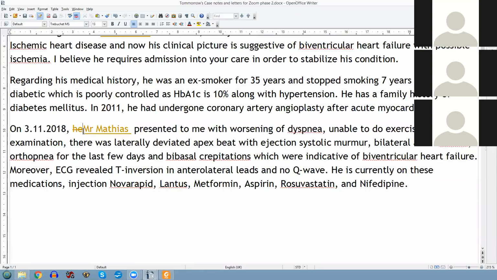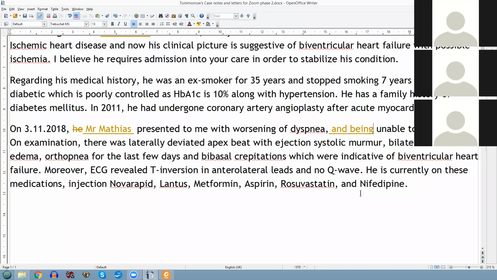And every subsequent reference in a paragraph, use a pronoun: his, him, etc. Yeah. Mr Matias, and an inability to do exercise, and being unable to.